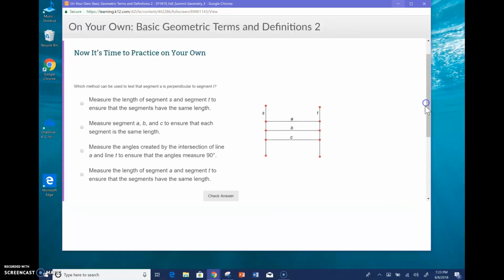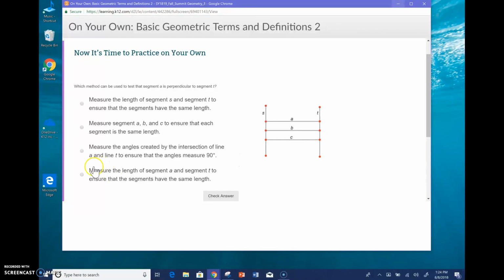All right. Which method can be used to test that the segment A, which goes horizontally, is perpendicular to segment T, which is vertical? So to be perpendicular, it has to measure 90 degrees.